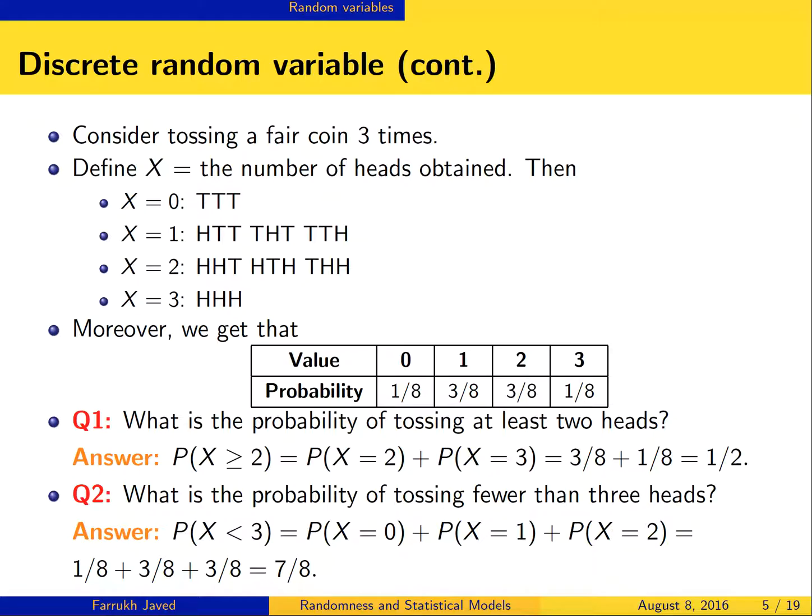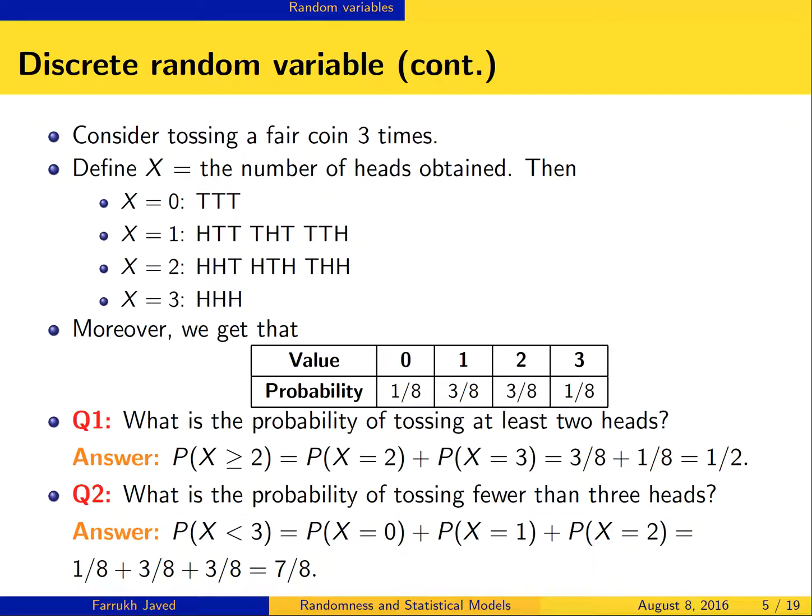For instance, what is the probability of tossing at least 2 heads? Well, at least 2 heads means 2 or 3, right? And in mathematics or in computer sciences, when we talk about OR, we use the mathematical notion of addition to accommodate that OR.